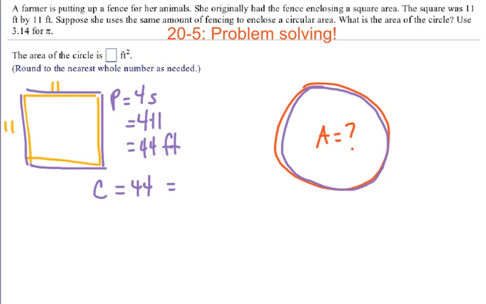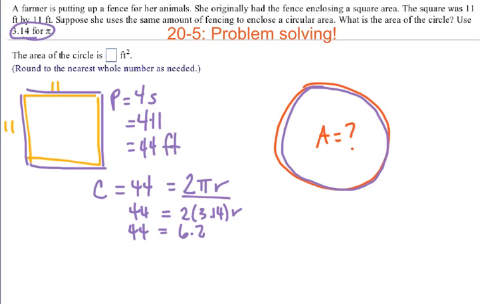So we plug that in for the formula 2 pi r. We're going to solve for r, so divide. It says to use 3.14 for pi, so let's go ahead and do that. So 44 equals 2 times 3.14 times the radius. So 44 equals 6.28 times the radius, and we're dividing both sides by 6.28.